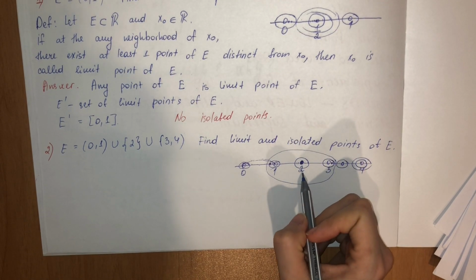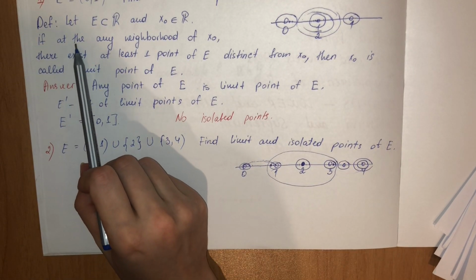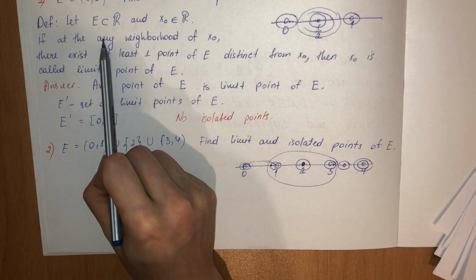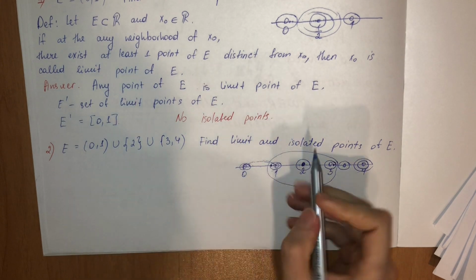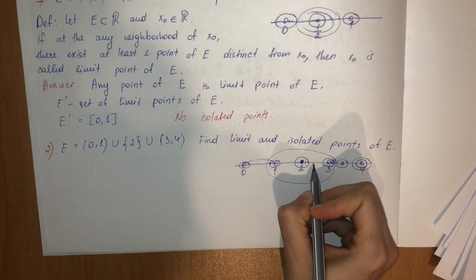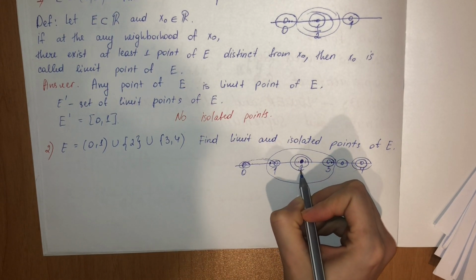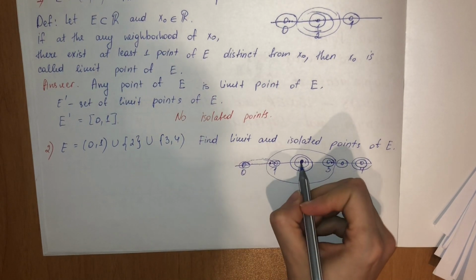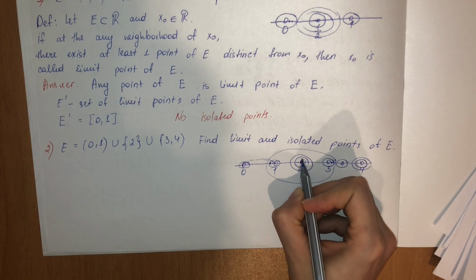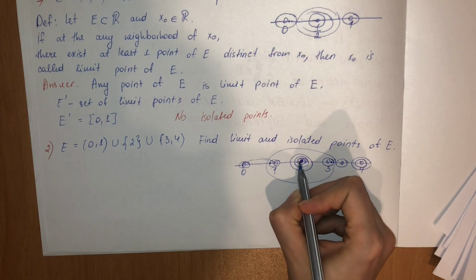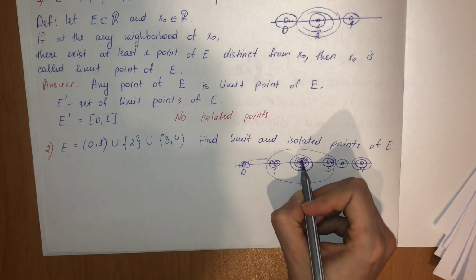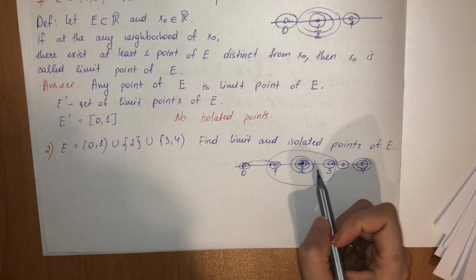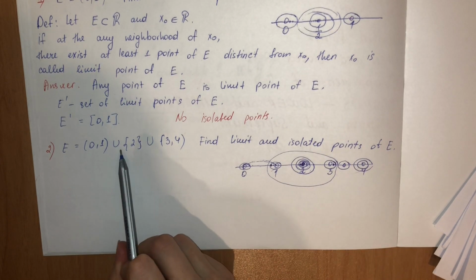But what is said in our definition? If at any neighborhood, it means that we can draw the circle with any radius, and in a neighborhood of this circle, this point should have a point from this set.